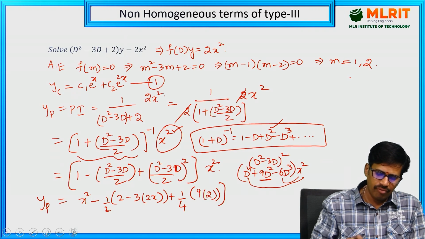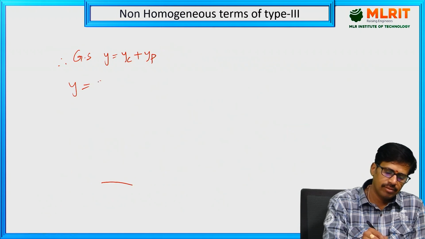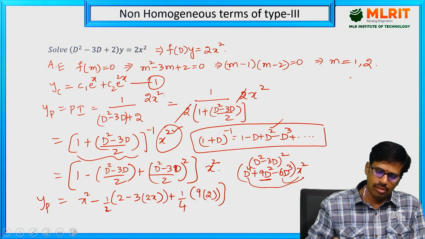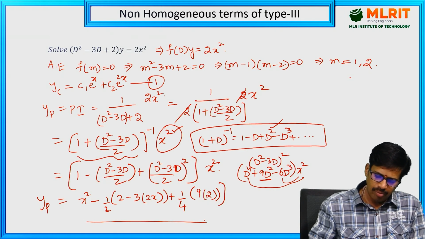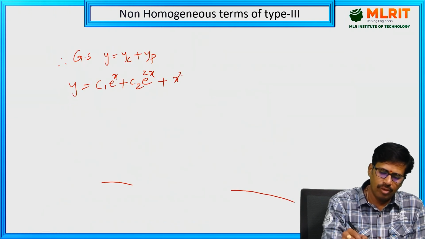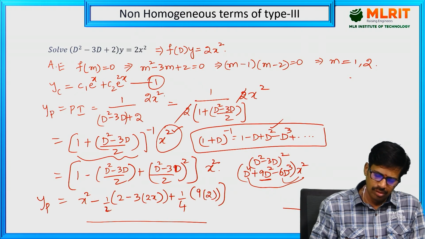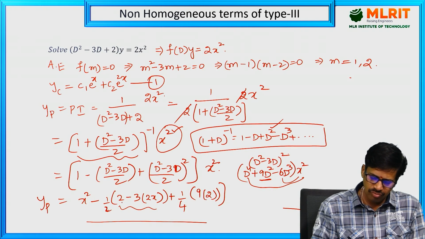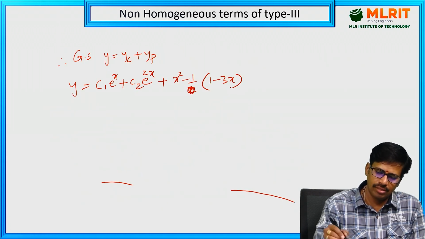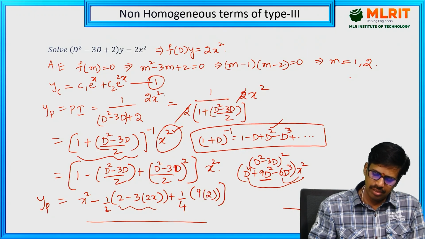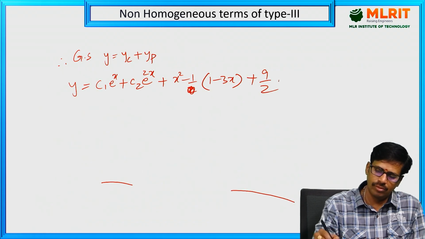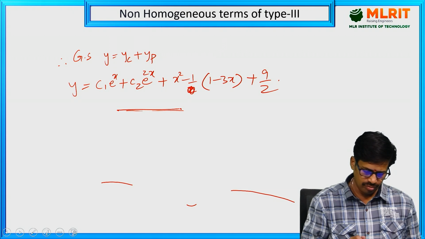What is the complementary function yc? c1 e power x plus c2 e power 2x, plus x squared minus 1 by 2 into, if you take 2 common, this is 1 minus 3x, plus 9 by 2. This is how we write the general solution, right?